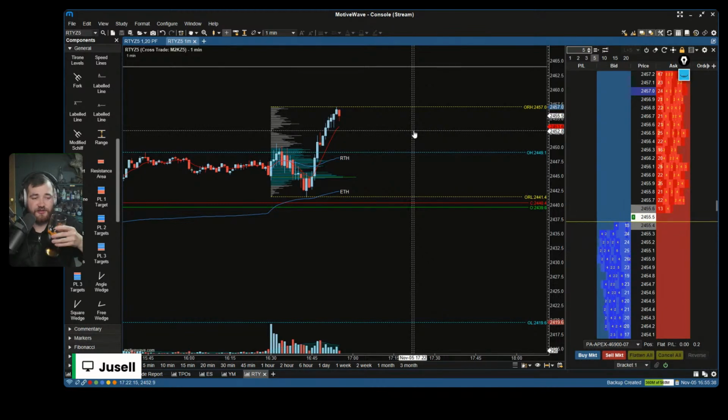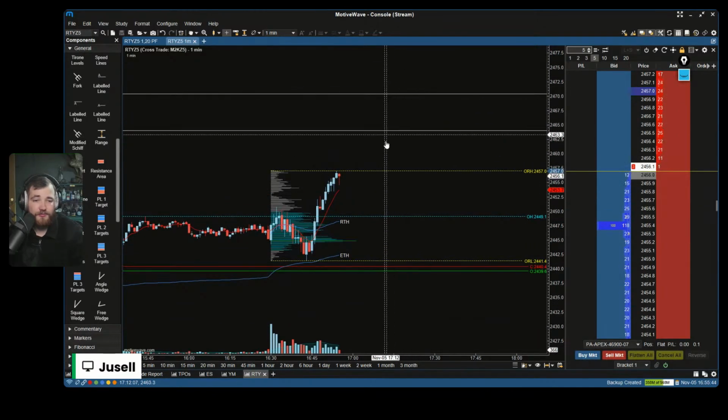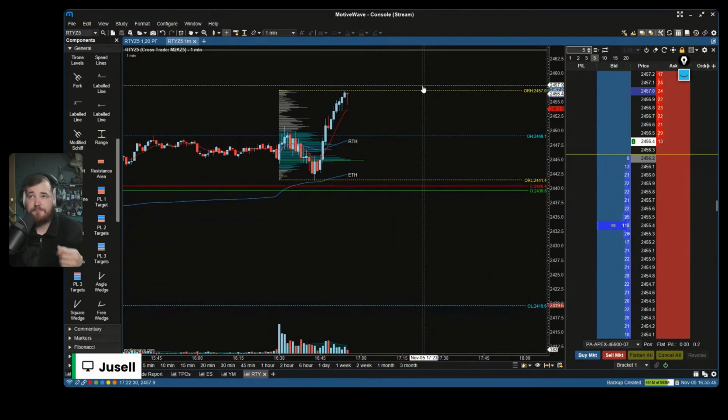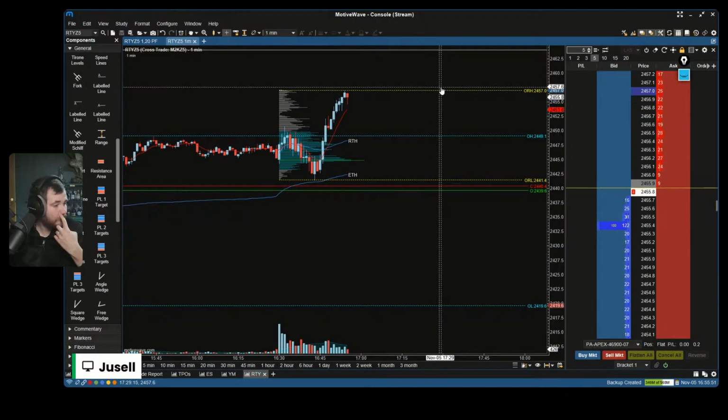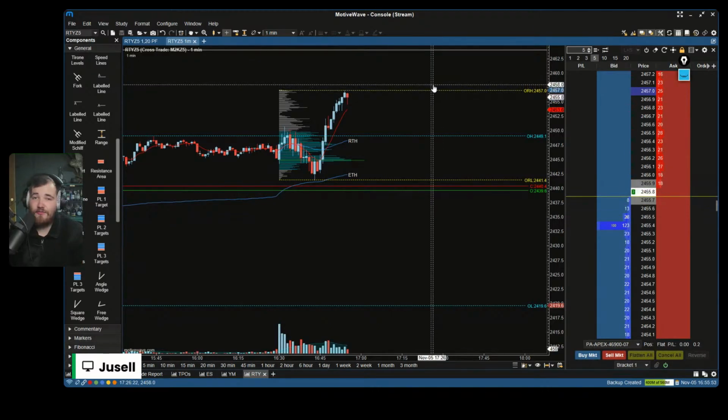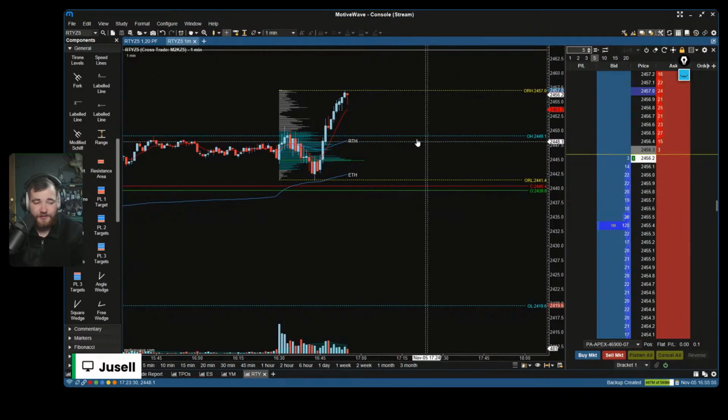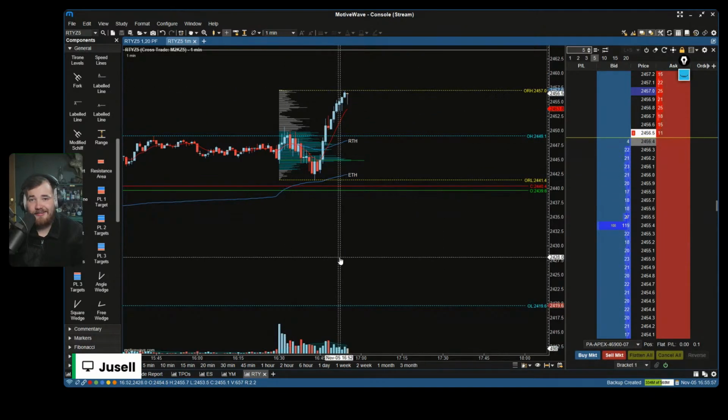So yeah, we're still waiting, and we do have our level here above, which is the level we are interested in. But this is looking more like a bull market day again. You see a pullback in the first 15 to 30 minutes, and then after that we just run to the upside.